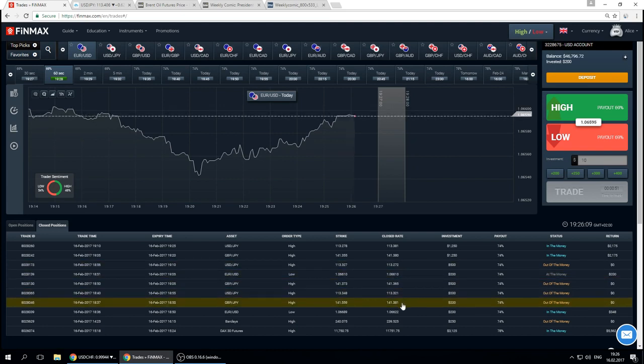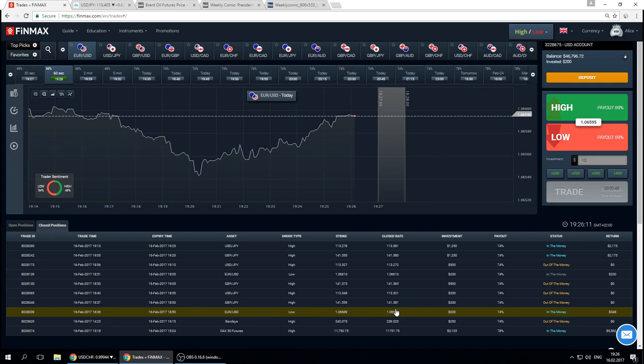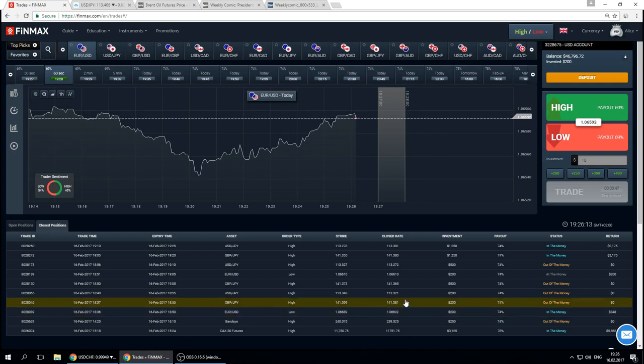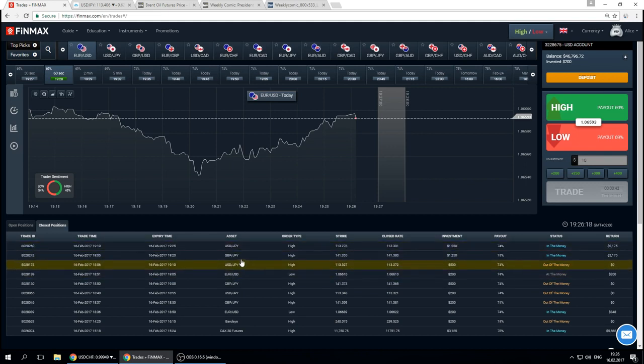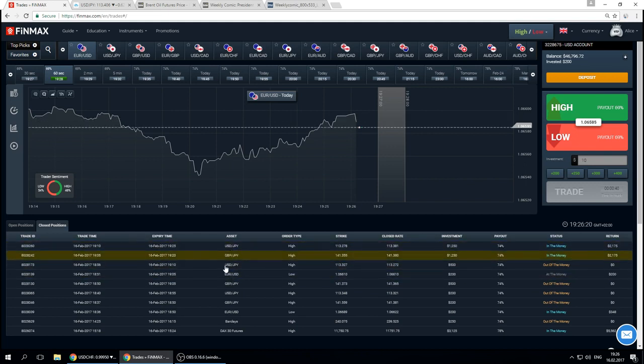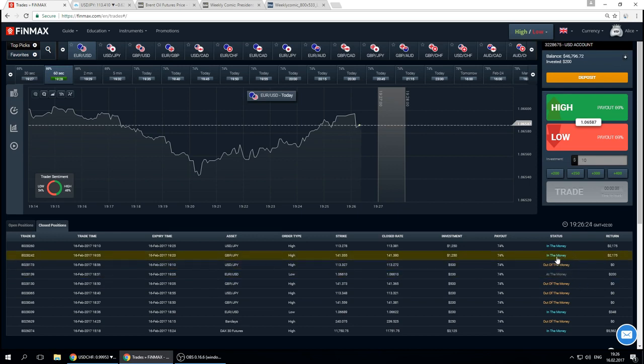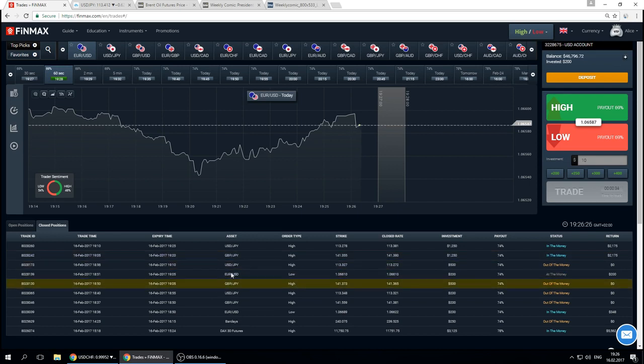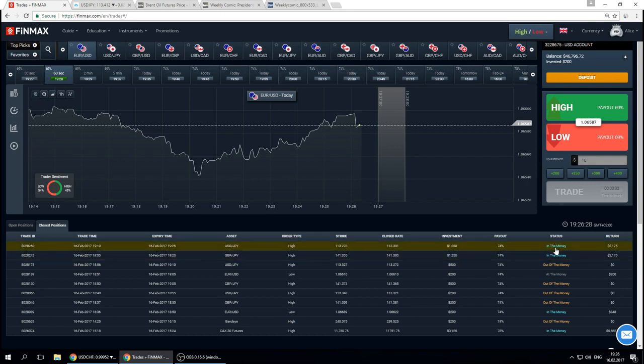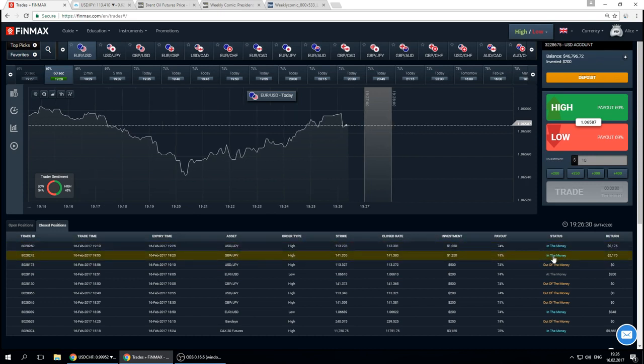So this was the first trade that we opened today. The group of trades which we opened against the Japanese yen expired out of the money. So we opened those two in order to make profit.